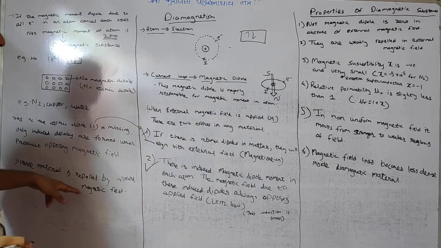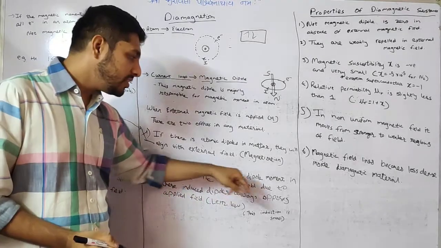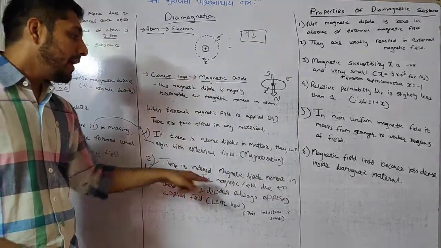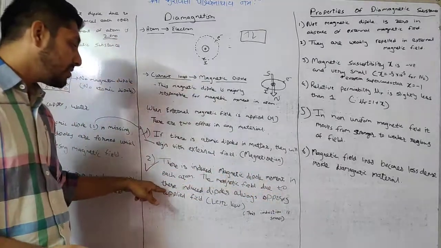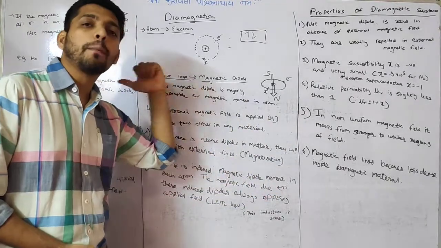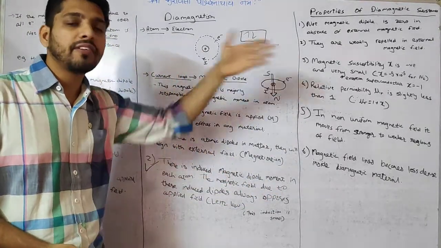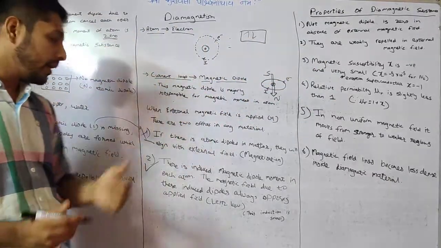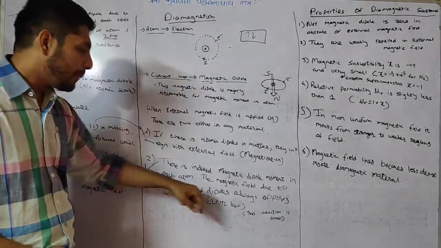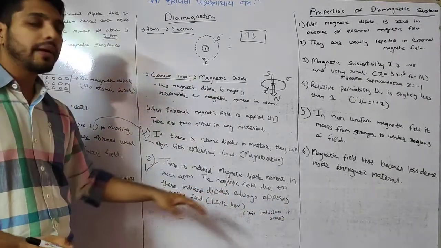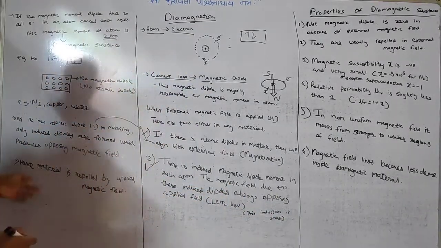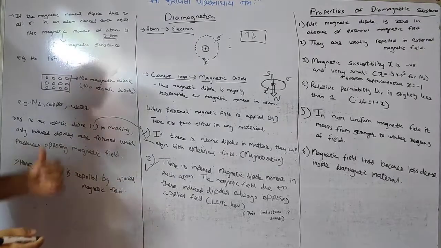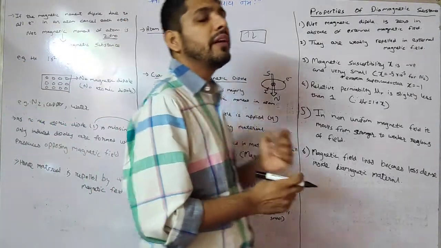There is an induced magnetic dipole in the atom, and the magnetic field due to these induced dipoles always opposes the applied magnetic field. If the magnetic field is in this direction, it tries to oppose it, which means it will be in the opposite direction, and if it is in the opposite direction, it will be repelled.